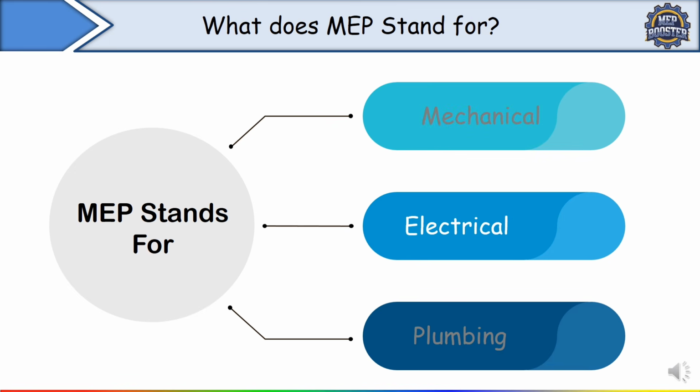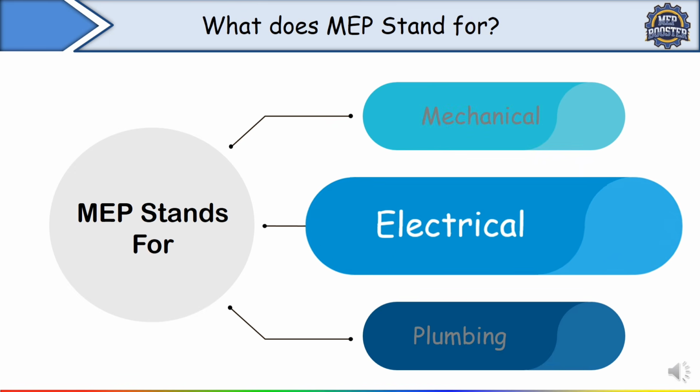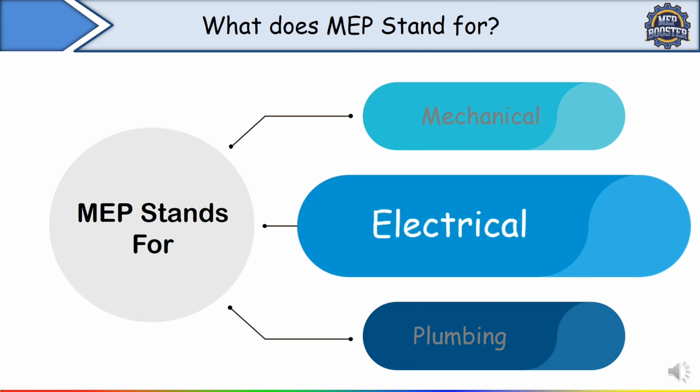Now the next system which we have to discuss here is the electrical system. The electrical system in MEP involves the distribution and management of electrical power, lighting, communication, safety within a building. So power distribution delivers electricity from the main supply to outlets and equipment throughout the building.